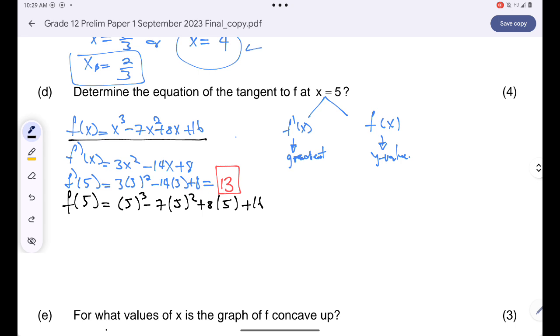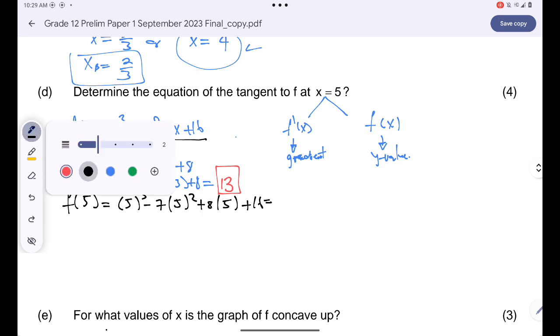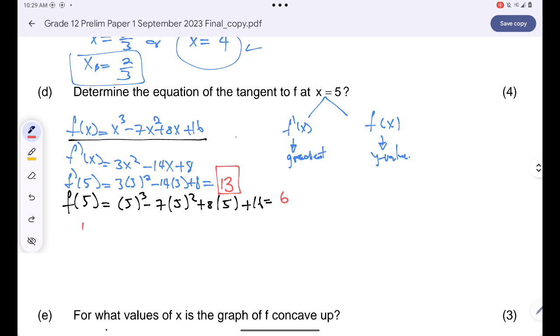The corresponding y value is equal to 6. So now the gradient is 13, and the point that we have, let me call it point P, is x equal to 5 when y is 6.